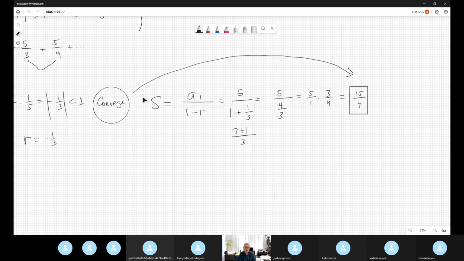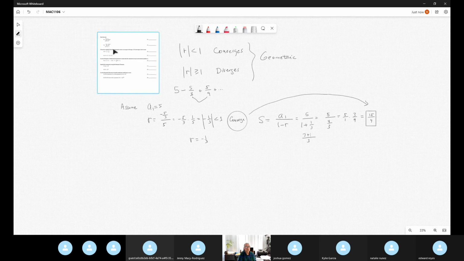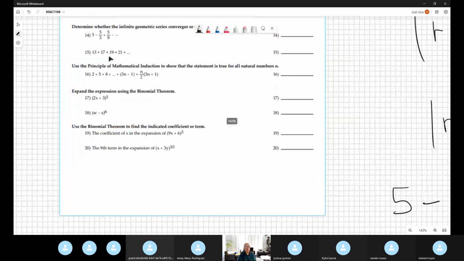And the second series is totally divergent because it's not geometric. It's 17, actually it's arithmetic. Common difference is 2. It's not geometric. When you divide, no constant.